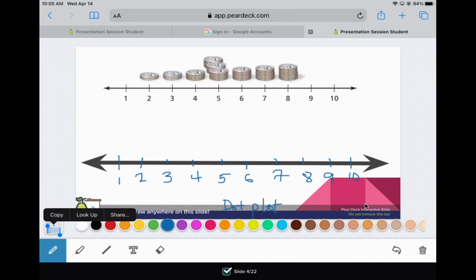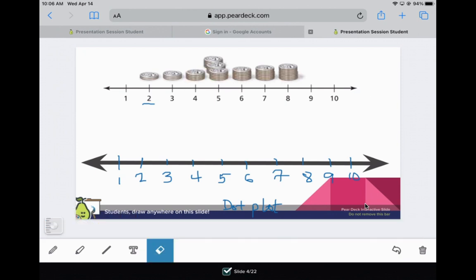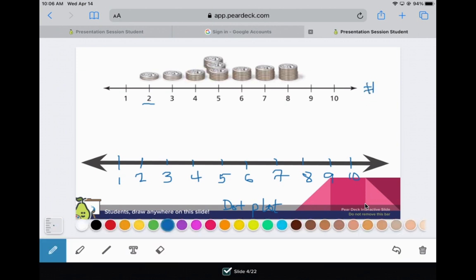What we're gonna do right now, before we record and plot this, I want you to understand this one. We count the stacks. So the values are the number of coins. For this one, you have 2 coins.